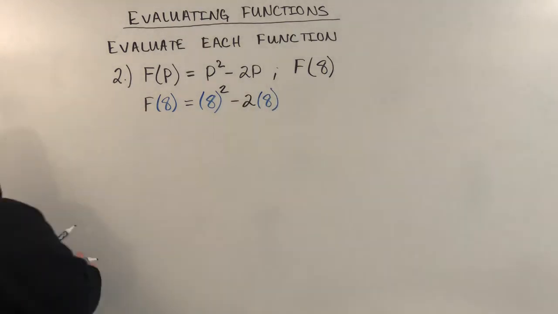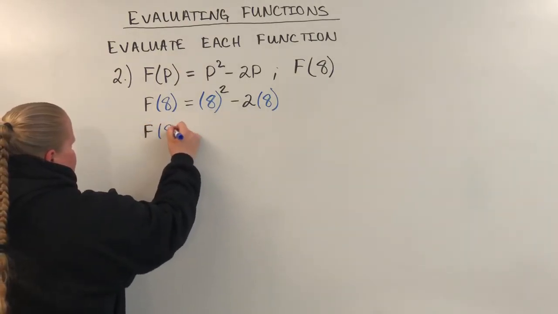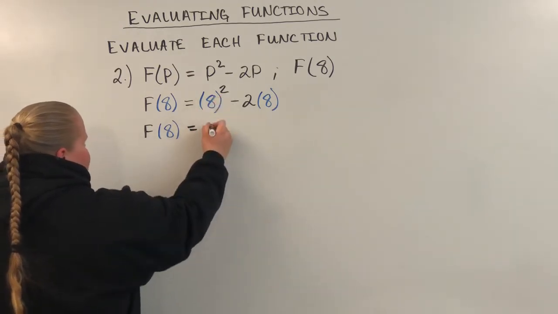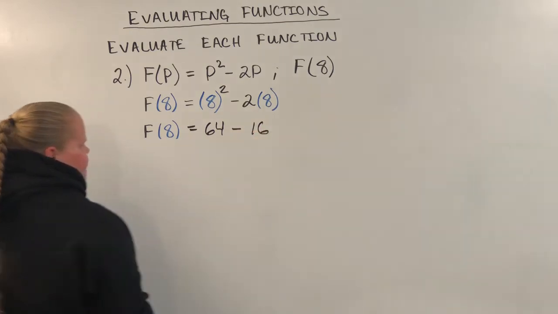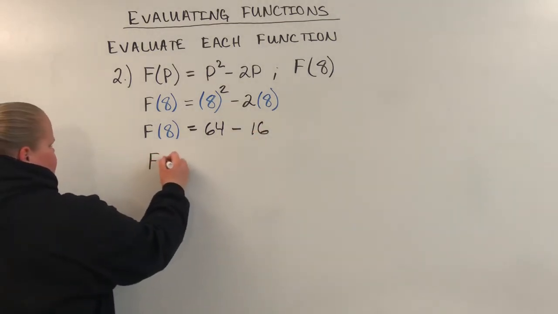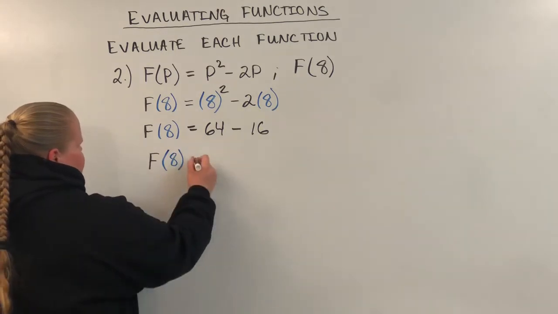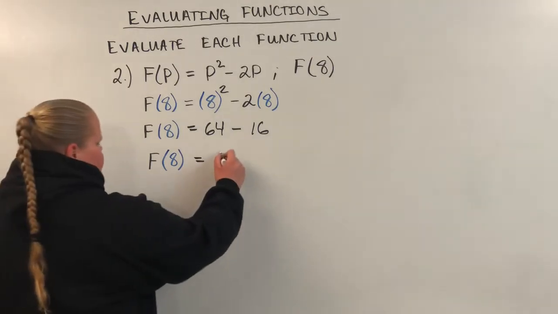Okay, so again, f of 8 equals 8 squared is 64 minus 2 times 8 is 16. So f of 8 is going to equal 64 minus 16, which is 48.